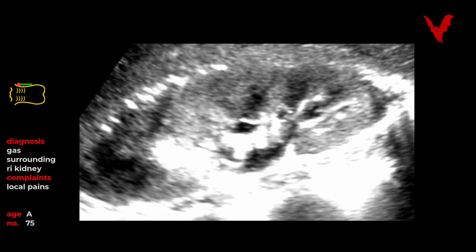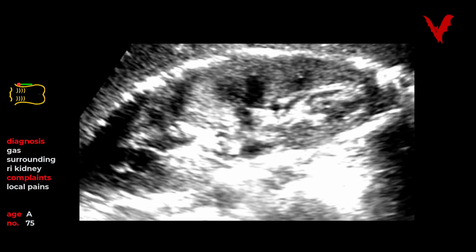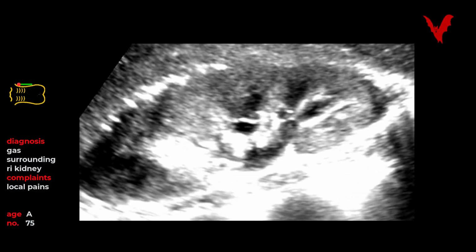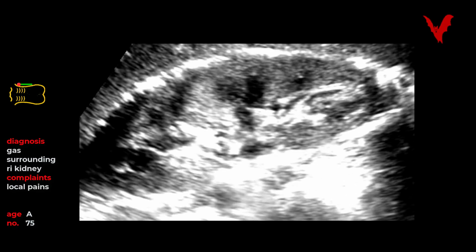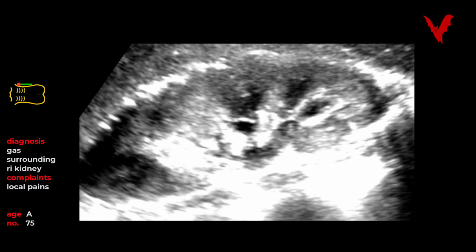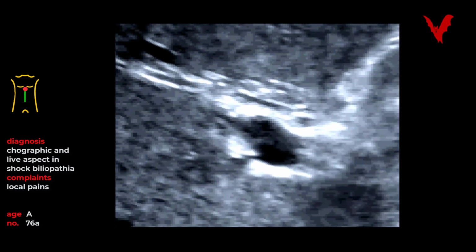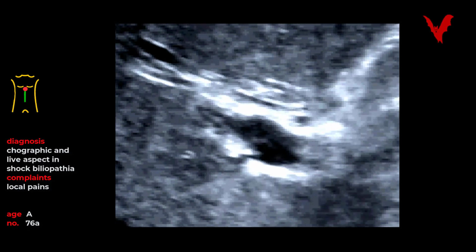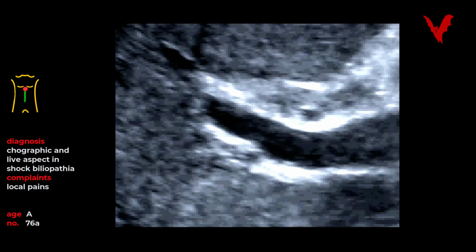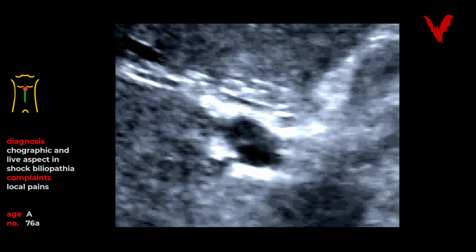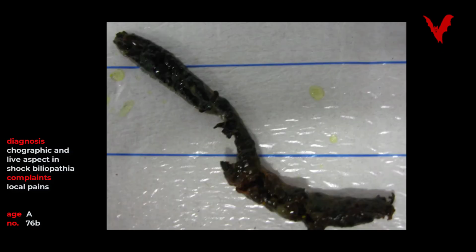After explorative laparotomy in figure 75, some perirenal gas could be found for some more days. A shock showed angionecrosis led here in figure 76 A and B to these interesting features.